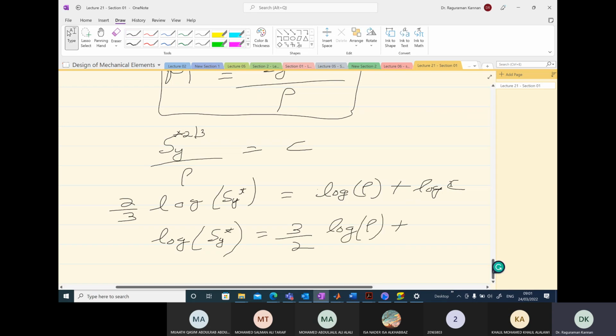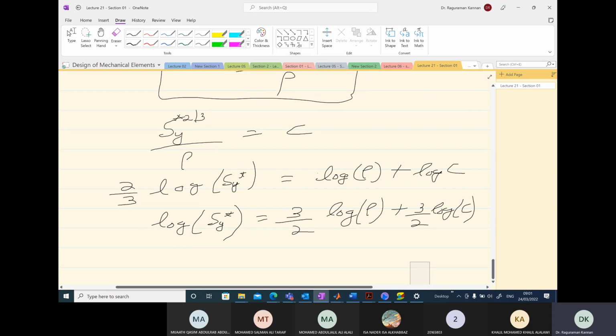Since this is some constant, even though I multiply 3/2 by log C here, I can write it the same. Okay, so I'm going to leave it as such. This is some constant, whatever the constant is.